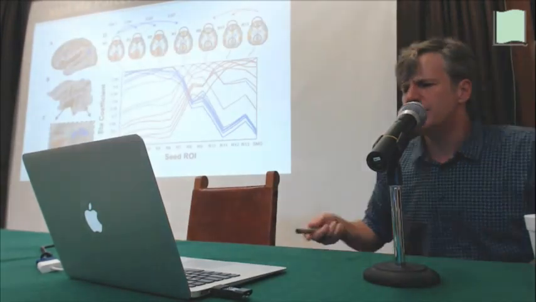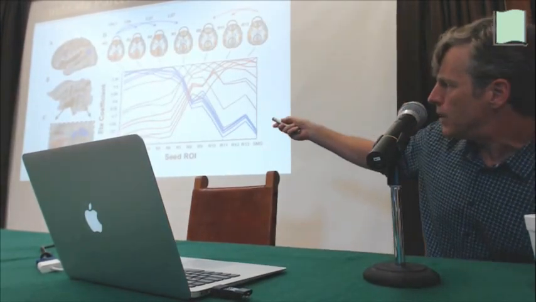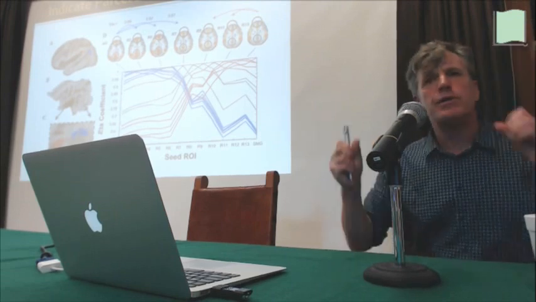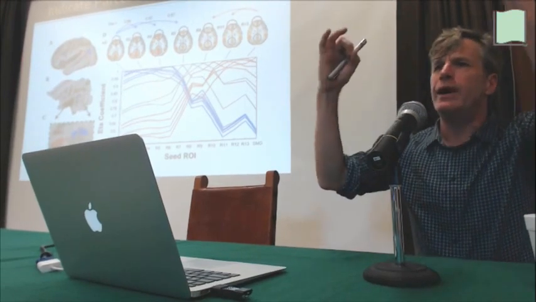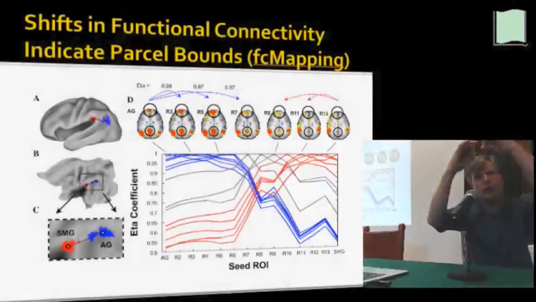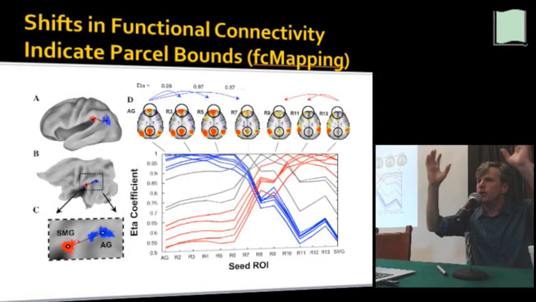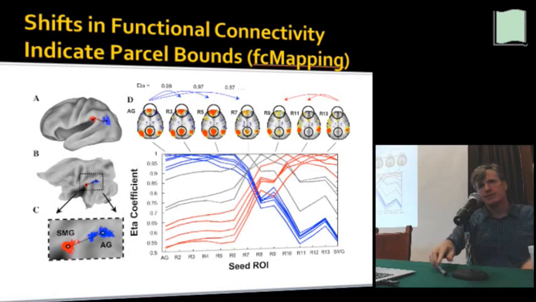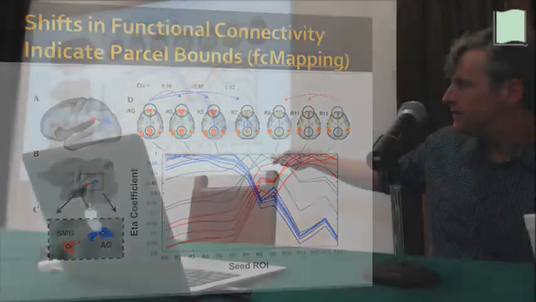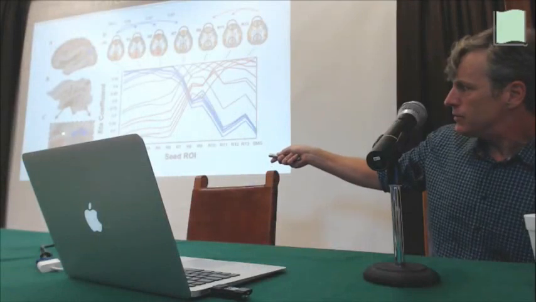Suppose you want to know where the boundary is between two different brain areas. Well, if you've got these correlational networks, you could start with a seed area here and get its correlational profile. That is, how is it functionally connected to everything else in the brain? And now just move it gradually, looking at the correlational profile at each of these points in between.